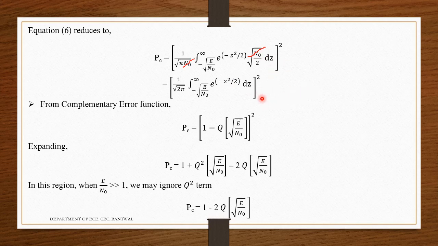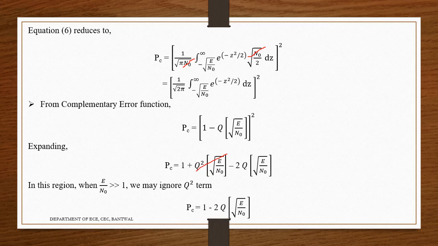From the complementary error function, this is what we got for the correct function, right? We want to take the error function. Pc equals 1 minus Q of the square root of E by N0, the whole square. Expanding, this is like (a minus b) the whole square: 1 plus Q square of the square root of E by N0 minus 2Q of the square root of E by N0. The Q square term will be ignored.